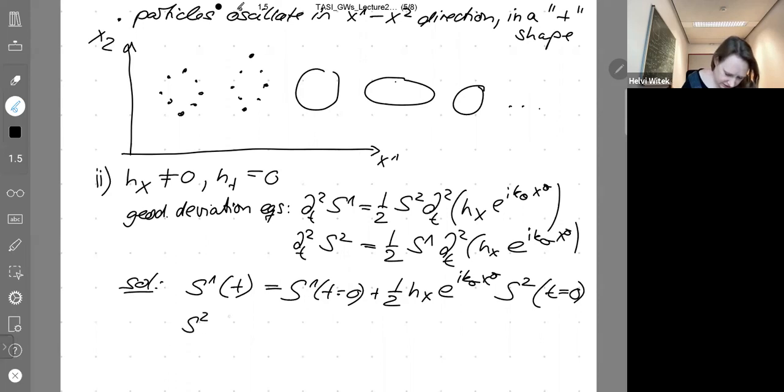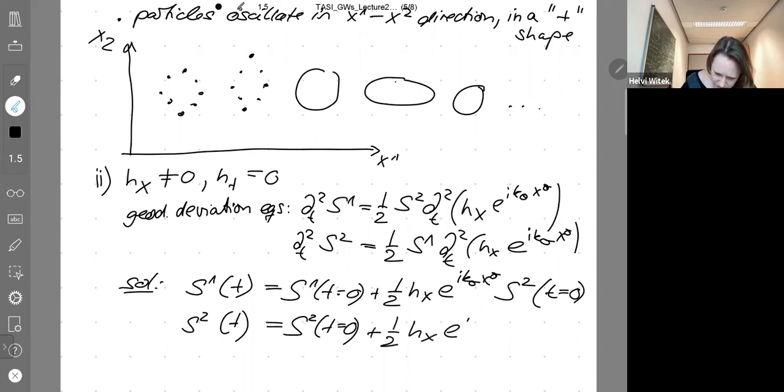Analogously, the S2 component as a function of time is given by its initial value plus 1/2 h cross e to the i k_σ x^σ, and then S1 at t equals 0. Now, if we sketch the solution, we will find the following.